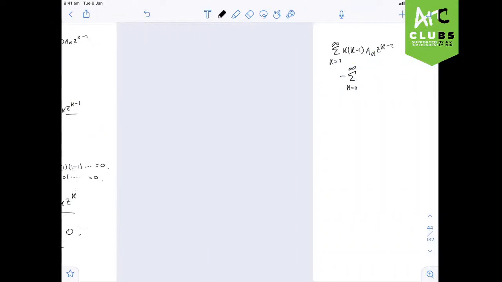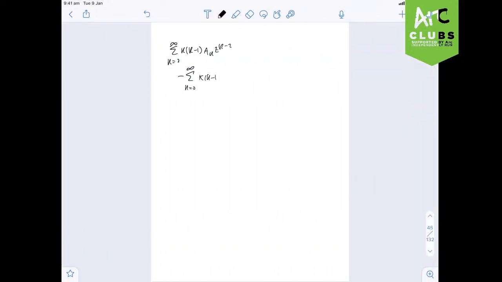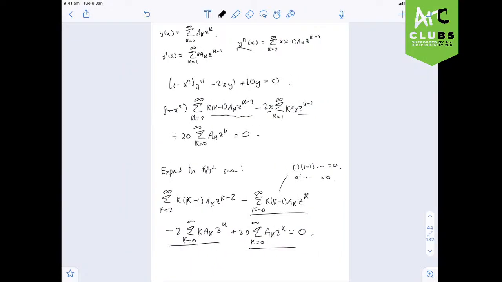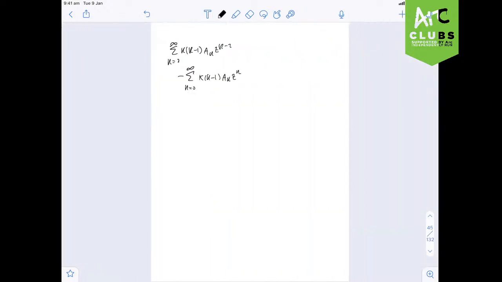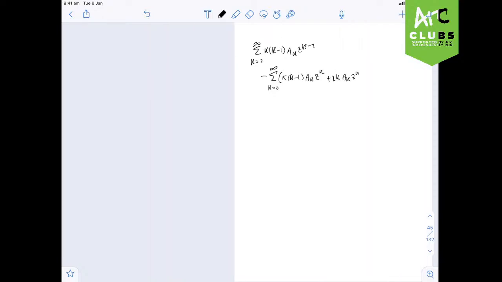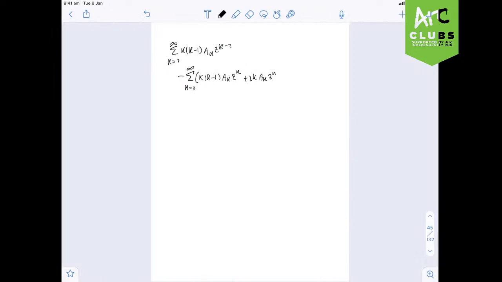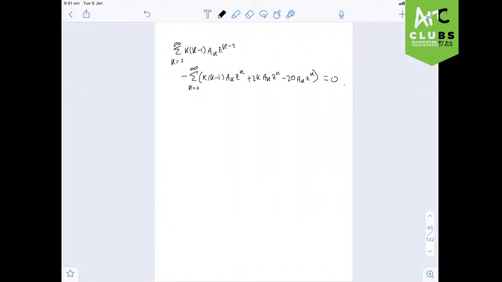So this term, k times k minus 1, a_k z^k, plus 2k a_k z^k, plus minus 20 a_k z^k. Yep. And that equals 0.